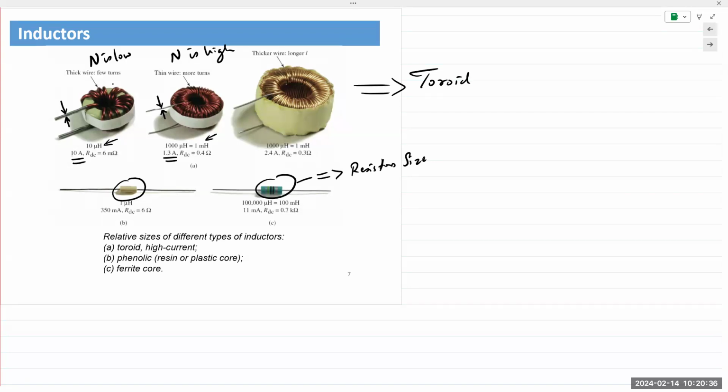Again, inductor value is directly proportional to N, directly proportional to mu, and inversely proportional to the length. In this case, the number of turns is high, so the inductor value is high. And the third one basically reflects a high number of turns plus a longer length.